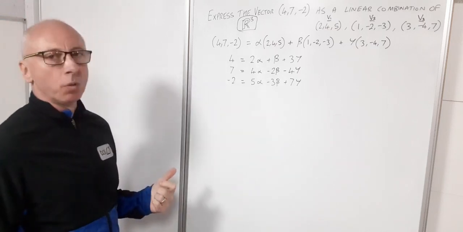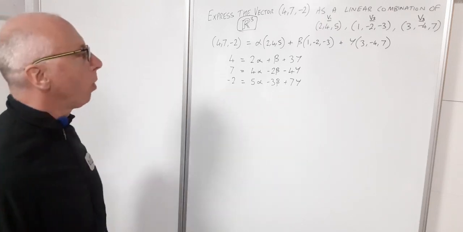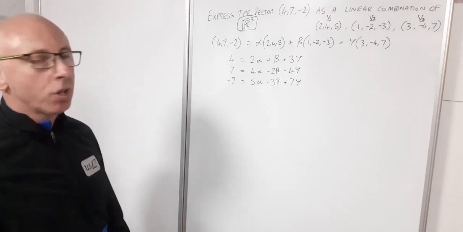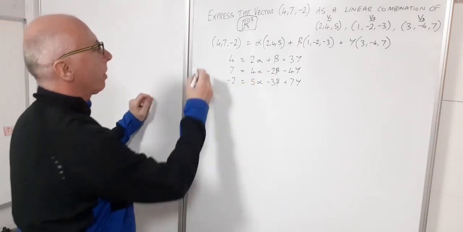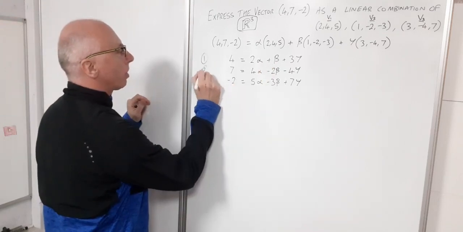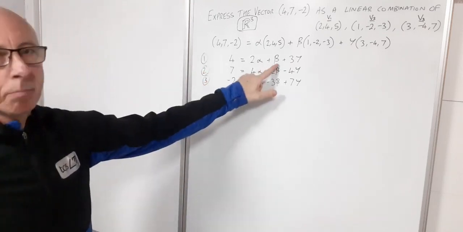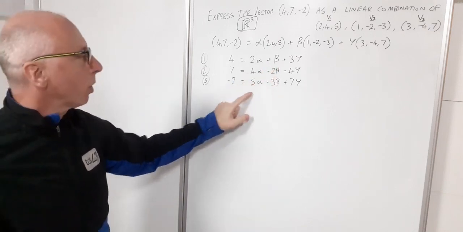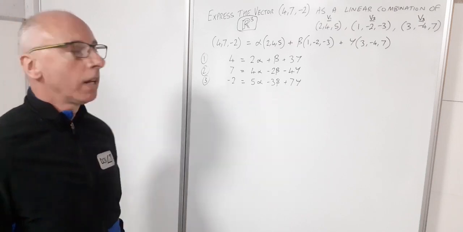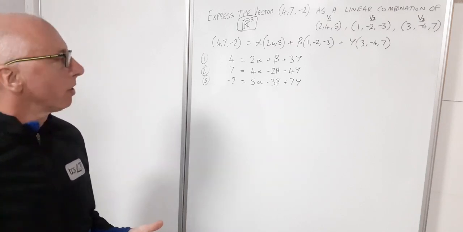So first of all, how are we going to solve this? Well, Gauss elimination would be one method. Here I will try the substitution method because I've got beta on its own here. This is equation 1, this is equation 2, that's equation 3. If I can isolate beta and then plug it into these two, then I'll have two equations with two unknowns, and that'd be nice and easy to solve as simultaneous equations.